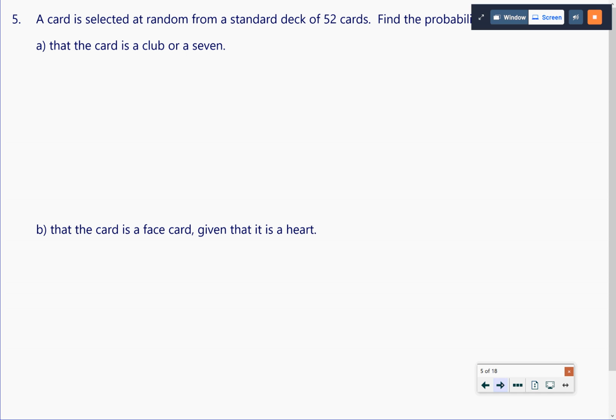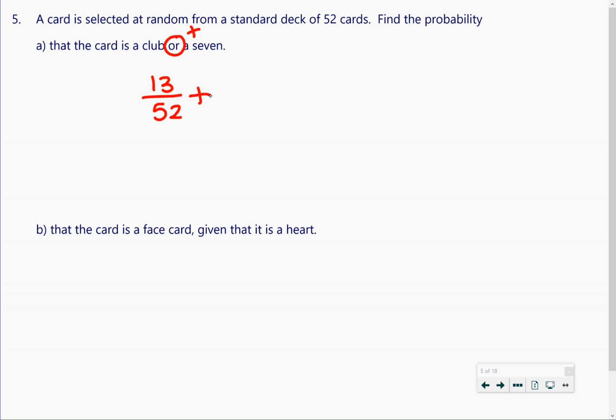All right, a card is selected at random from a deck of 52 cards. Find the probability that the card is a club or a 7. How many clubs do I have in the deck? 13. So the probability of selecting a club is 13 out of 52. Remember when we use the word or, we're adding. It's the addition property.